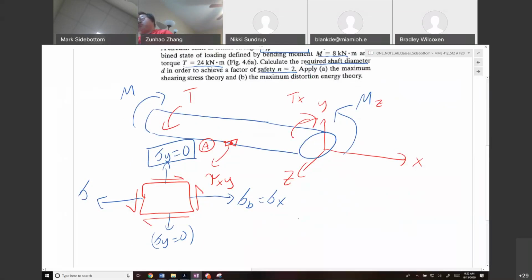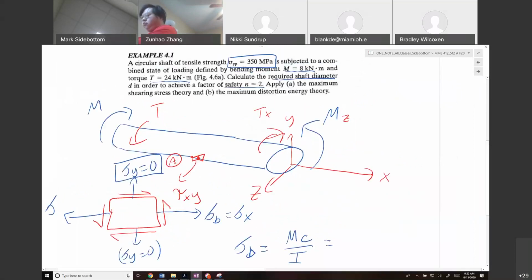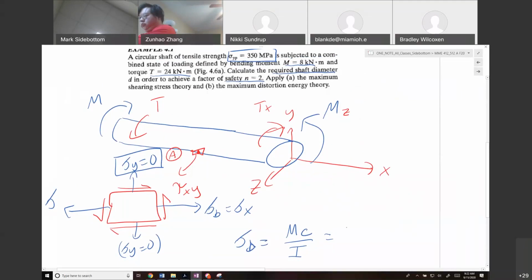So our normal stress is going to be equal to the stress in bending. For bending stress, we know it's equal to MC over I. For a circular component, our moment was given to us as 8 kilonewton meters. C is equal to the radius of our shaft, so we can write it as the diameter over 2.